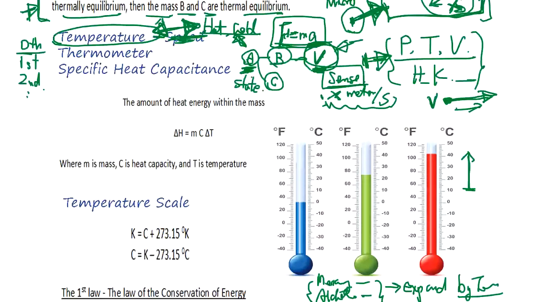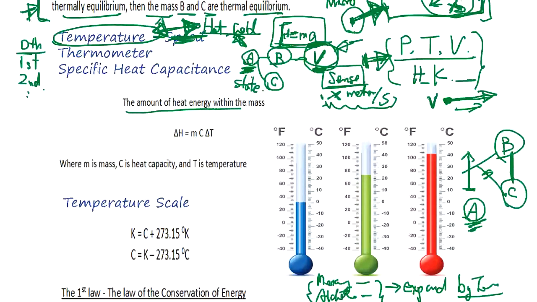Okay, so this is the state of A, and you measure B and you measure C. If it's the same state with this thermometer A, then when you connect them together, B and C are in equilibrium. Okay, so we have to establish thermal equilibrium, and the tool is the thermometer. We use a thermometer, and the idea is there is a heat energy.